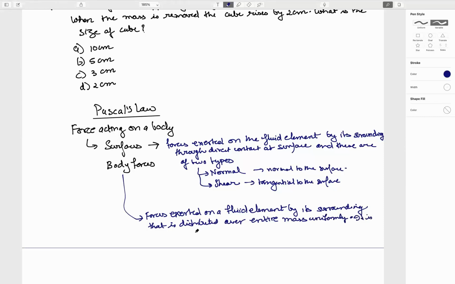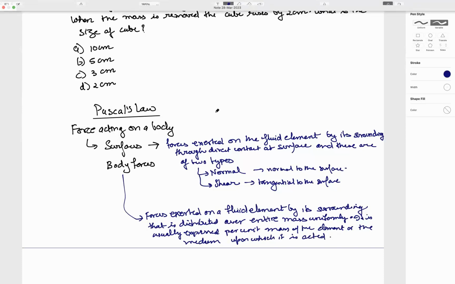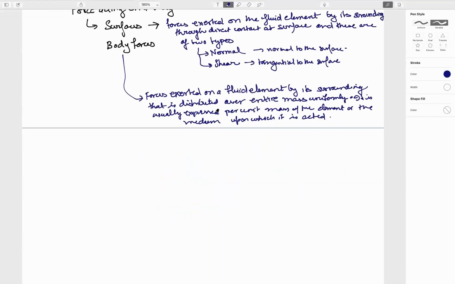It is usually expressed per unit mass of the element or the medium upon which it is acted. So that's the difference between the body force and the surface force.